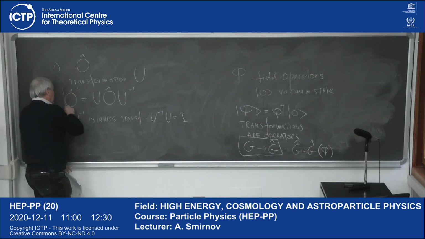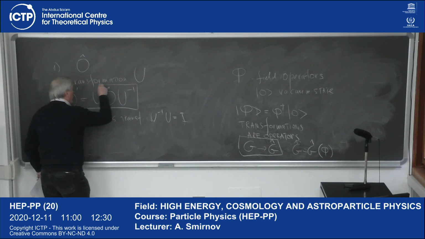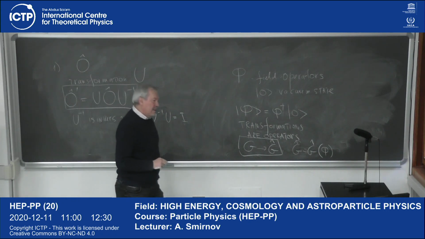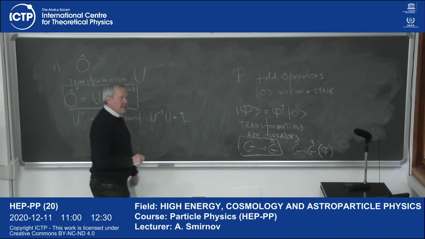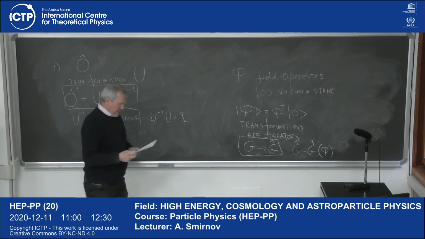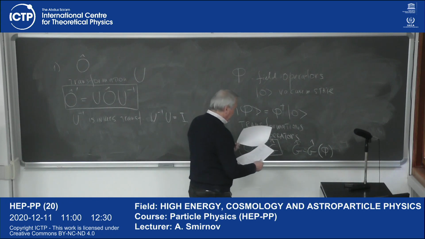This way of introducing transformation properties matches what we have at the classical level, so it's not accidental. Remember, at the classical level we have some field, and the transformed field is this field multiplied just once by the symmetry transformation. Here we need to put symmetry transformations, which are also operators, in front of and behind this operator. So this is the transformation property.